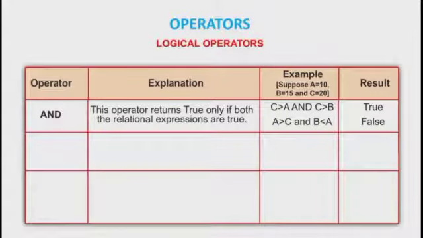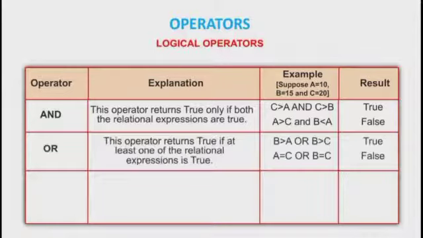AND: this operator returns true only if both the relational expressions are true. C is greater than A and C is greater than B, the result is true. A is greater than C and B is less than A, the result is false.